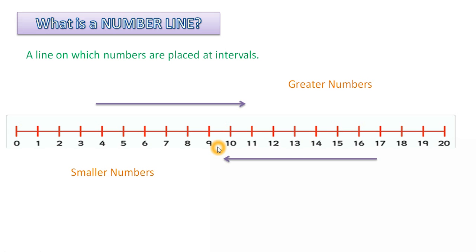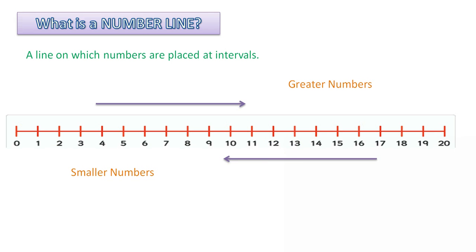Whenever you look at the number line, if you want to find the successor of any number, the successor will always be towards the right. Let's consider an example, say 12. The number on the right of 12 will be its successor.